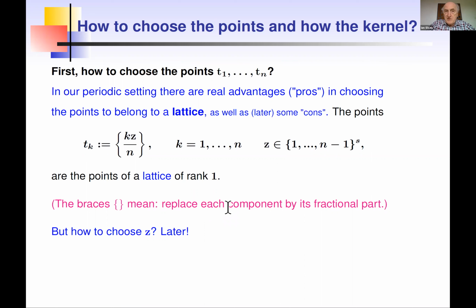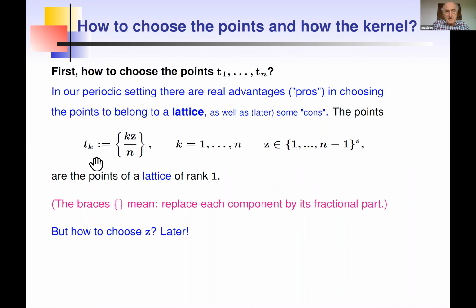Well, then how are we going to choose the points and how to choose the kernel? Well, first about choosing the points. There are real advantages, the pros and cons, the for and against. The pros: the real advantage is in choosing the points to belong to a lattice. Well, perhaps more technically, a rank 1 lattice. And so this is what they mean by a lattice.